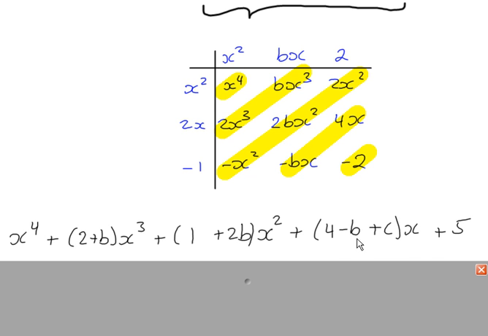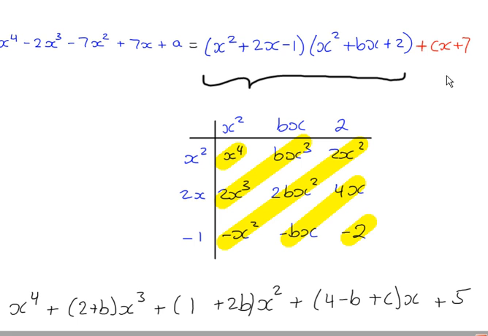This c is coming from here. And the constants, well, we've got a minus 2 here, there's a 7 up there, that gives 5. So all of this expanded and simplified, like terms collected, will give these terms.